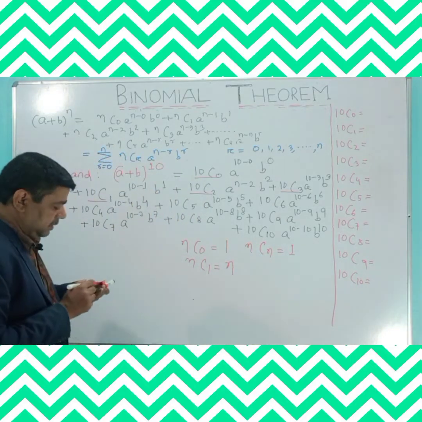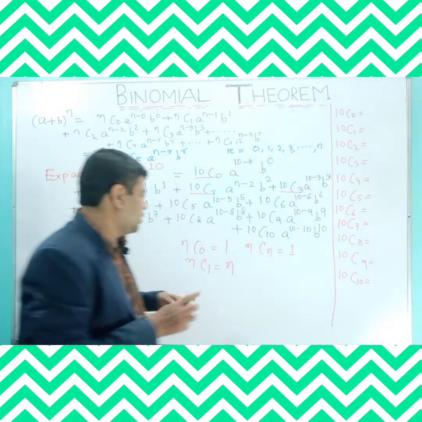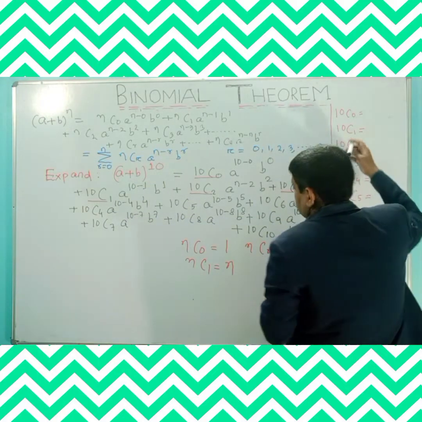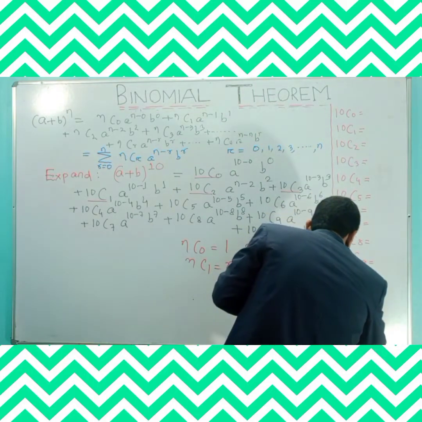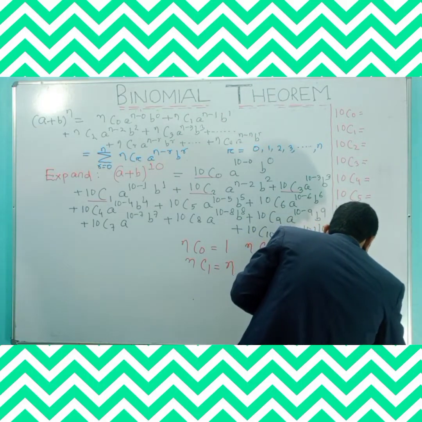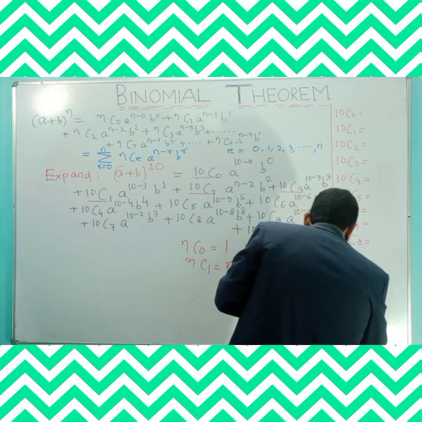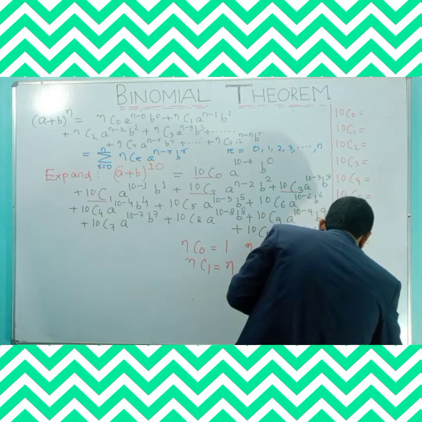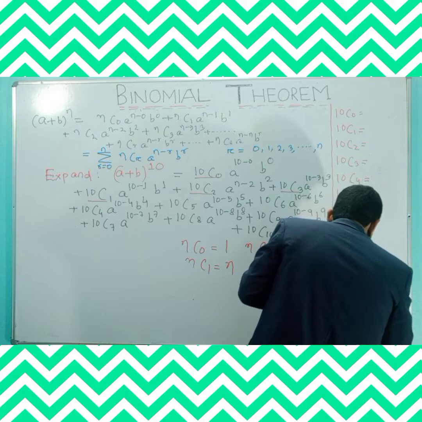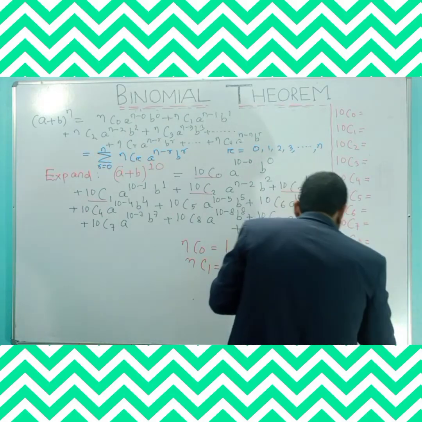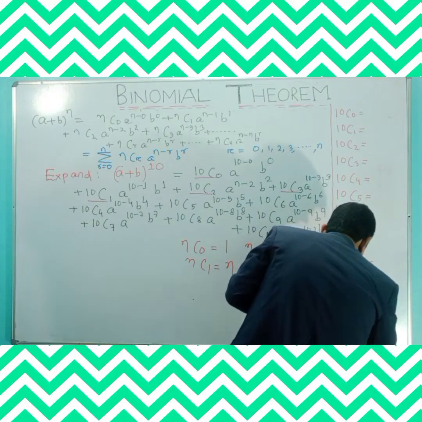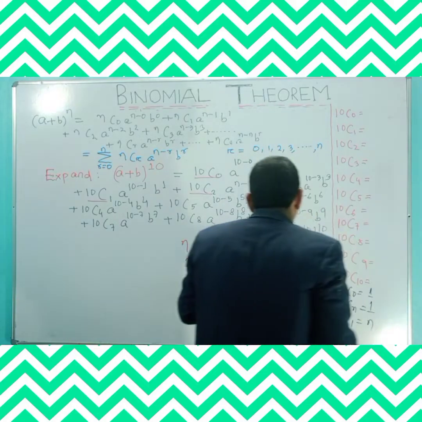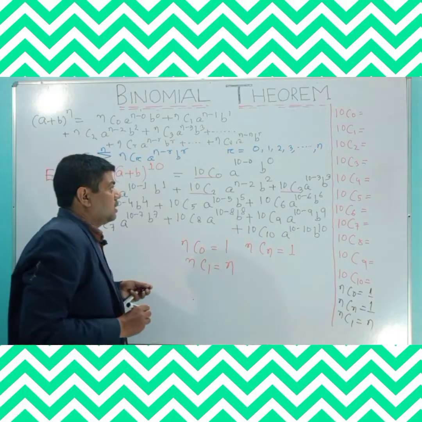Note down this formula. Once again, write down here: NC0 is equal to 1, NCN value is also 1, and NC1 value is N. Okay, understand?